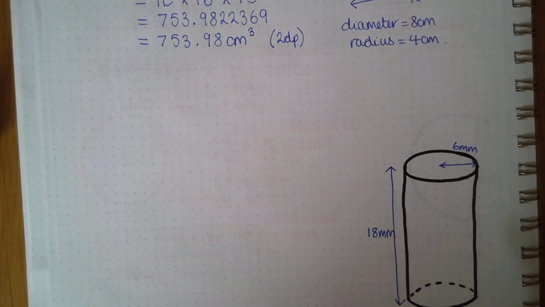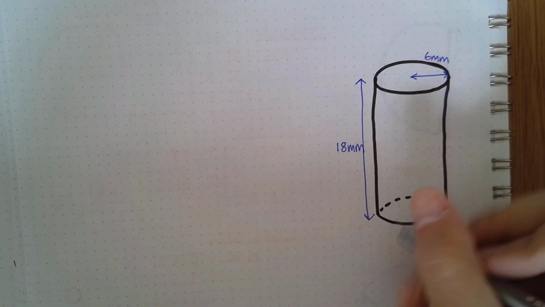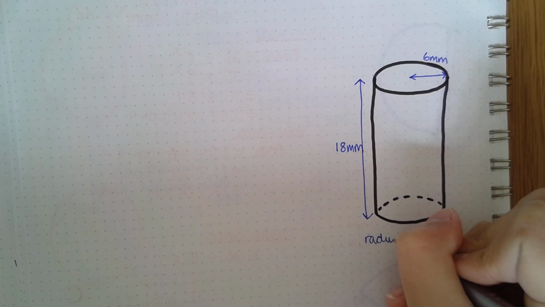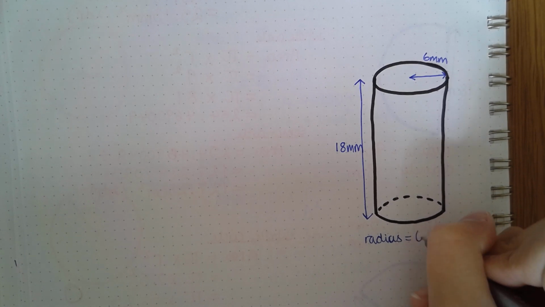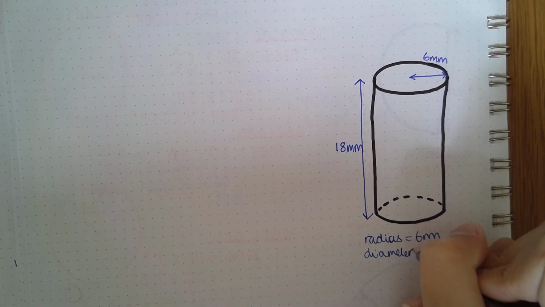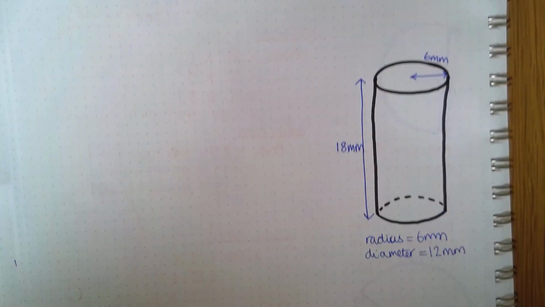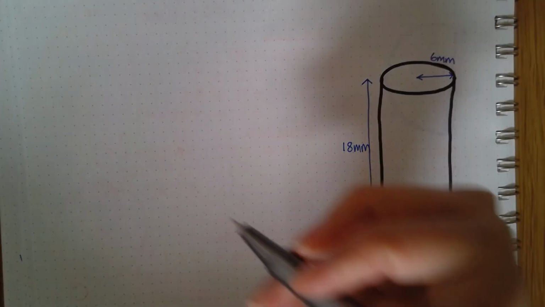Okay, looking at this next one, we're going to write down the radius and the diameter. So my radius is 6 millimeters. So my diameter is 12 millimeters. Okay, so I'm going to write out my formula.